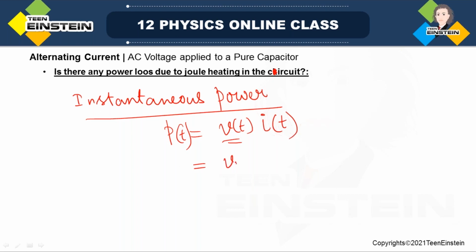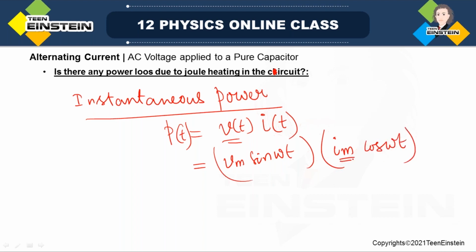and what we have got is Im cos of omega t, or Im you can just again bring this thing as omega C times V, you can write that also. All right.